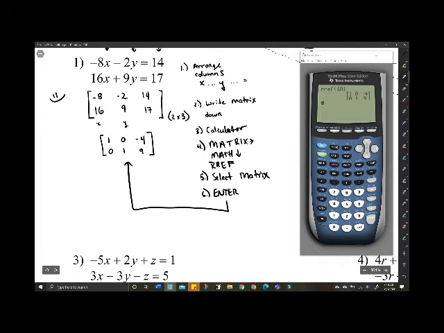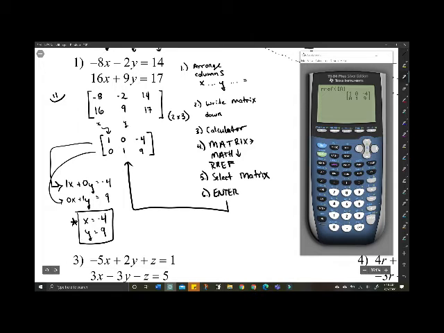In an algebraic sense, what this represents, if these are our x columns, it's saying we have 1x plus 0y equals -4. In the next row, it's saying no x's plus 1y equals 9, which means x equals -4 and y equals 9.